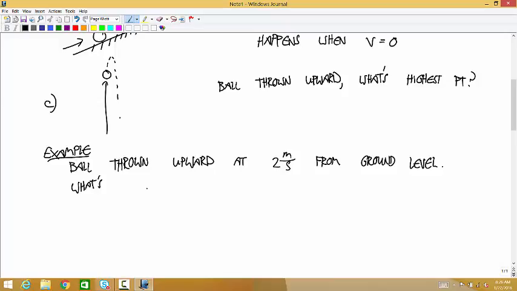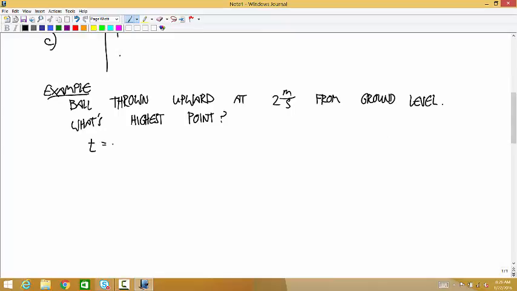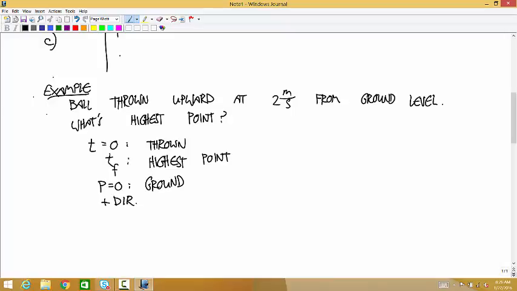What's the highest point it reaches? So I'll choose time equals 0 to be when it's thrown. Time final is going to be when it reaches the highest point, because that's the instant where we're looking for something. P equals 0 is going to be the ground. Positive direction is going to be up.